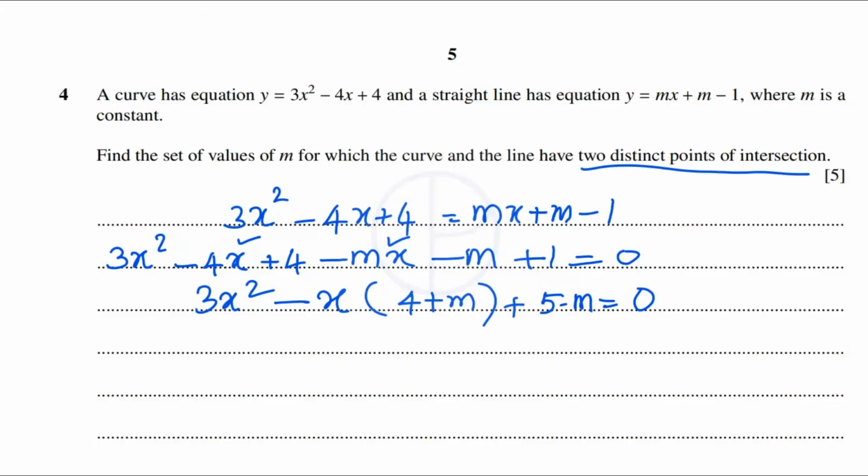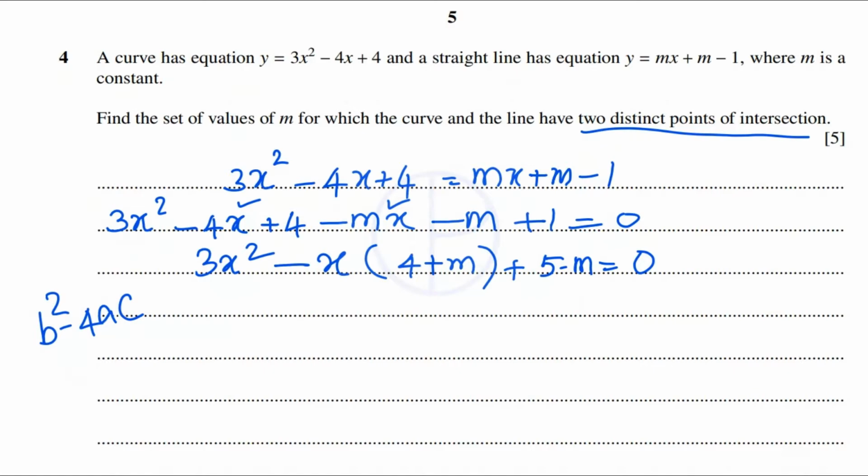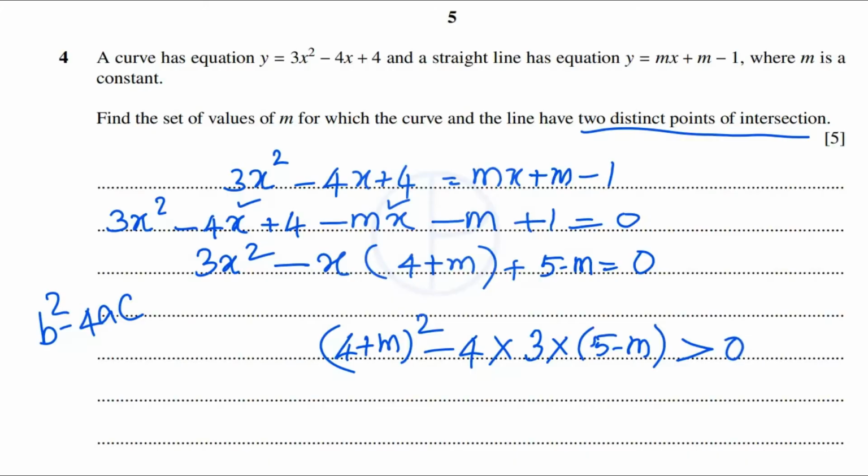Now we have a quadratic equation, and it's given the line and the curve have two distinct points of intersection. So let's find b squared minus 4ac, and it is greater than 0. So 4 plus m the whole square minus 4 times a is 3, and c is 5 minus m, and this is greater than 0.